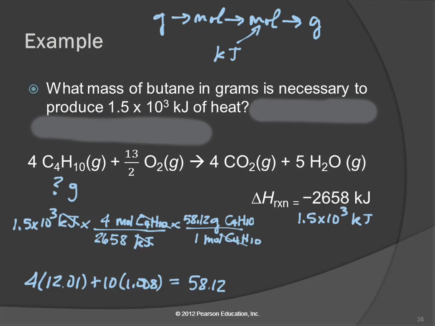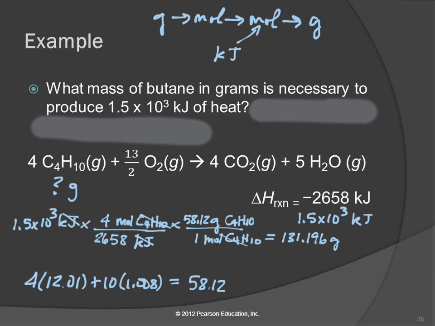Now we just plug and chug. 1.5 EE3 times 4 divided by 2658 times 58.12 equals, and this is giving me 131.196 grams.